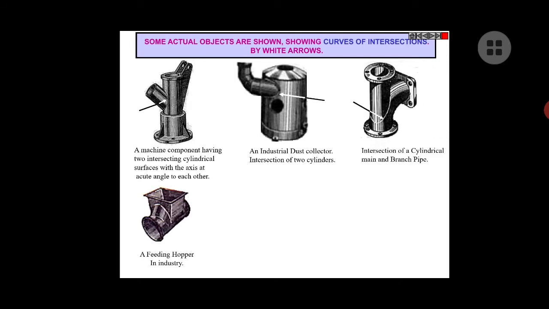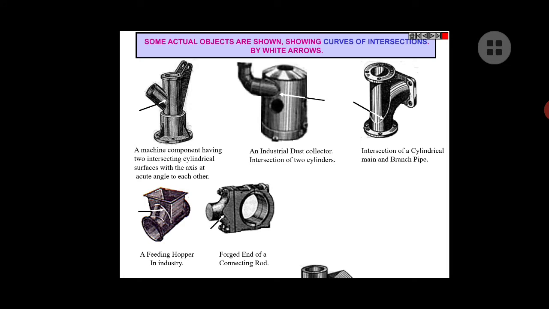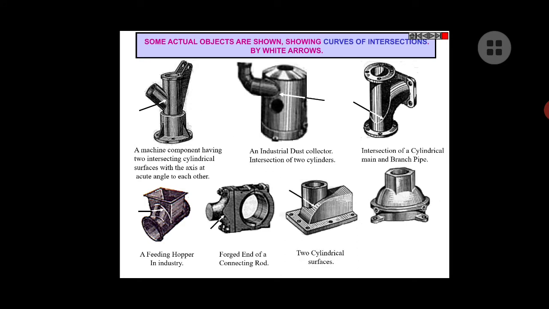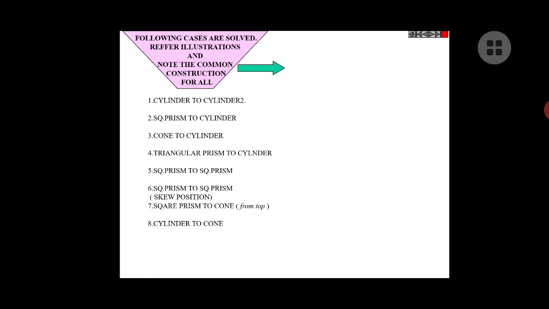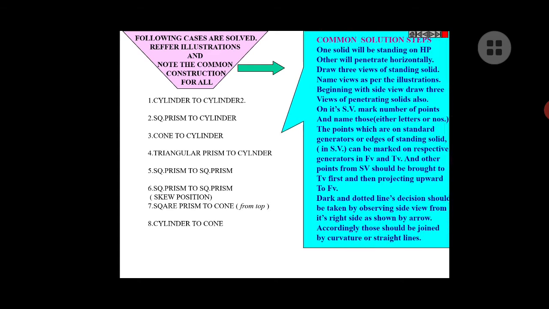So an industrial dust collector, then feeding hopper, forge end, then two cylindrical surfaces, then pump having shapes. Then there are the cases cylinder with cylinder, square with cylinder, cone with cylinder, prism with cylinder, square prism, cylinder with cone.